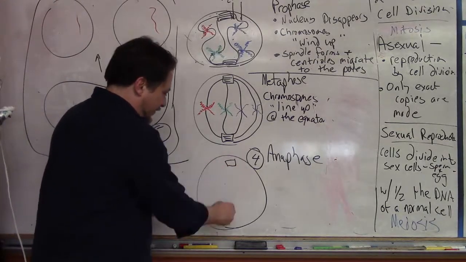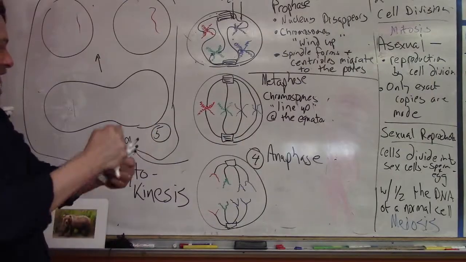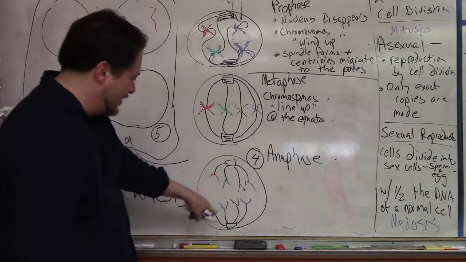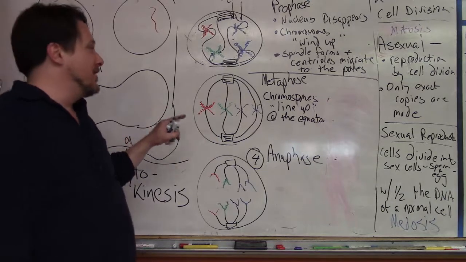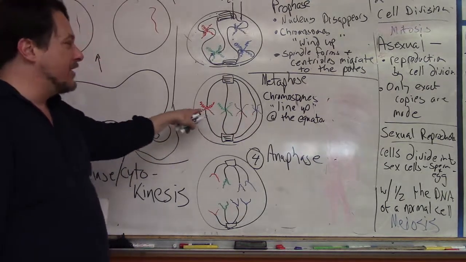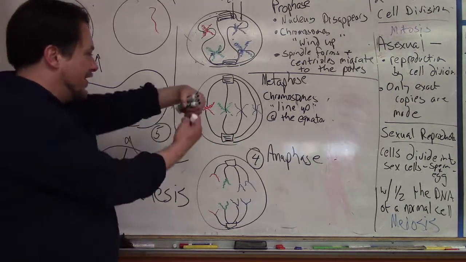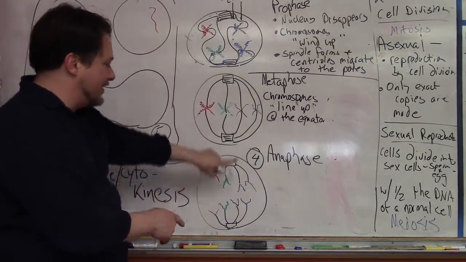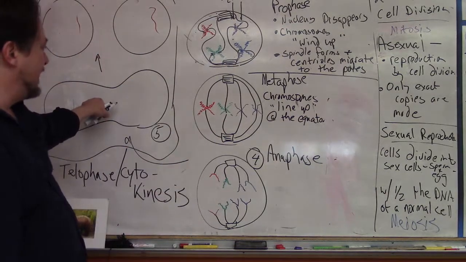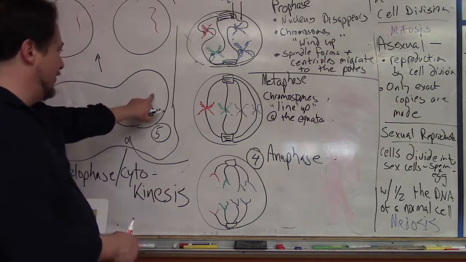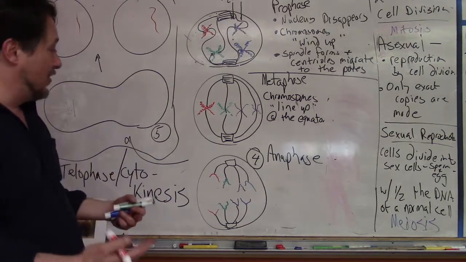Let's talk about both of these together. What happens is they get reeled in by the cell. And so these go together in a really important way. They line up along the middle, because if they're lined up along the middle, they're not likely to get tangled in each other. When they get pulled apart, they're just going to go back to each side, because that's the goal. Remember, they're going to split eventually, and the idea is that we want 4 chromosomes here and 4 chromosomes here, no tangled broken pieces, no extra chromosomes, anything like that.